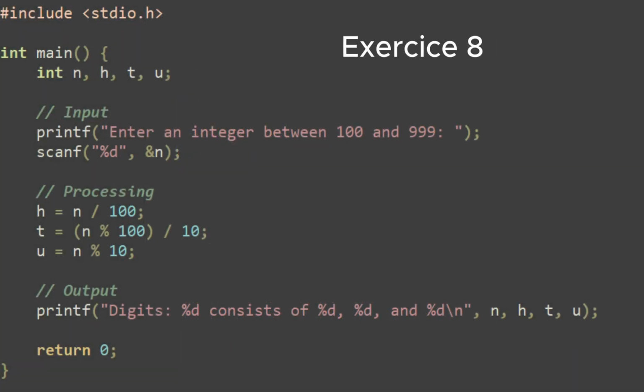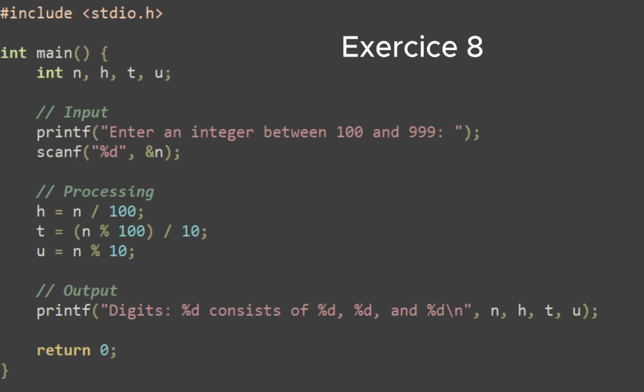Exercise 8. Digit extraction. Objective: separate a 3-digit integer, 100 to 999, into hundreds, tens, and units. 1. Problem analysis. Inputs: integer n between 100 and 999. Processing: hundreds, H, equals n divided by 100. Integer division drops the last two digits. Tens, T, equals n modulo 100, divided by 10. Get the last two digits, then drop the last one.